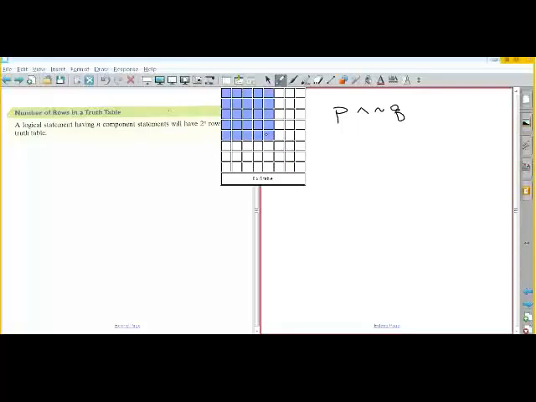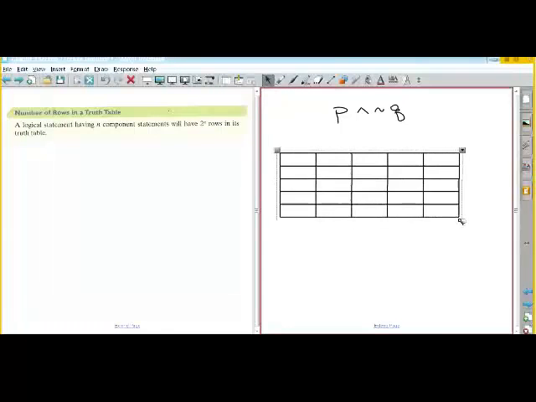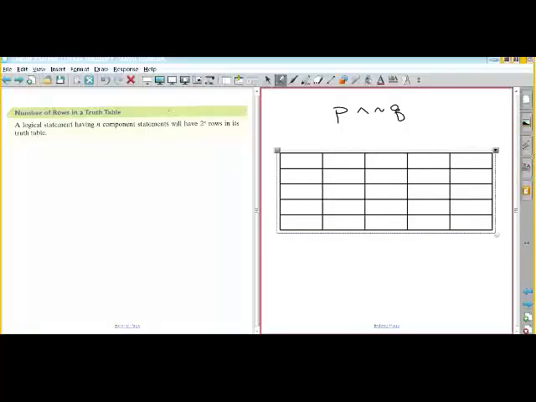So what you do is you create a table, and it turns out that it has to be this size, and I'll explain why in a second. Just like our truth tables for ands and ors, because we have both a P and a Q, we're going to have a column represented by the letter P and a column represented by the letter Q. All truth tables require you to do this.